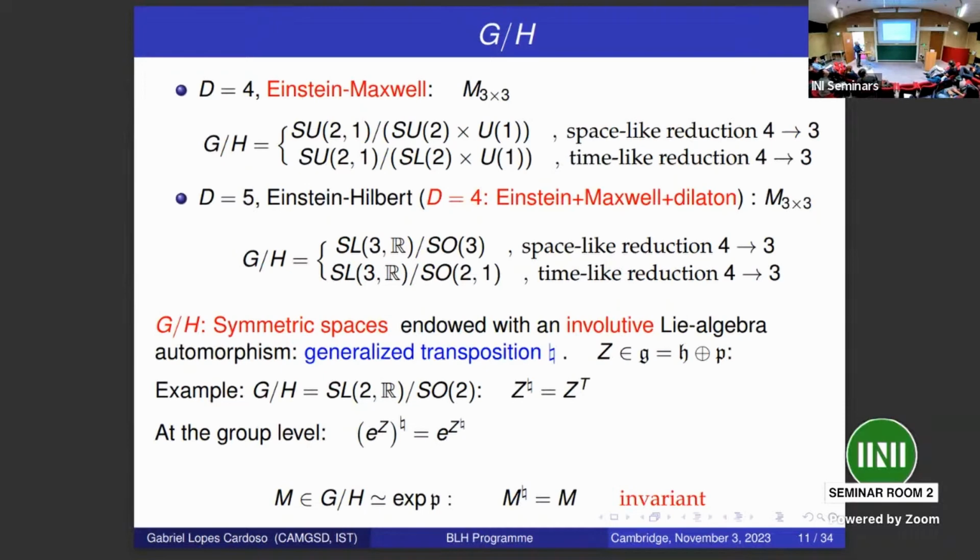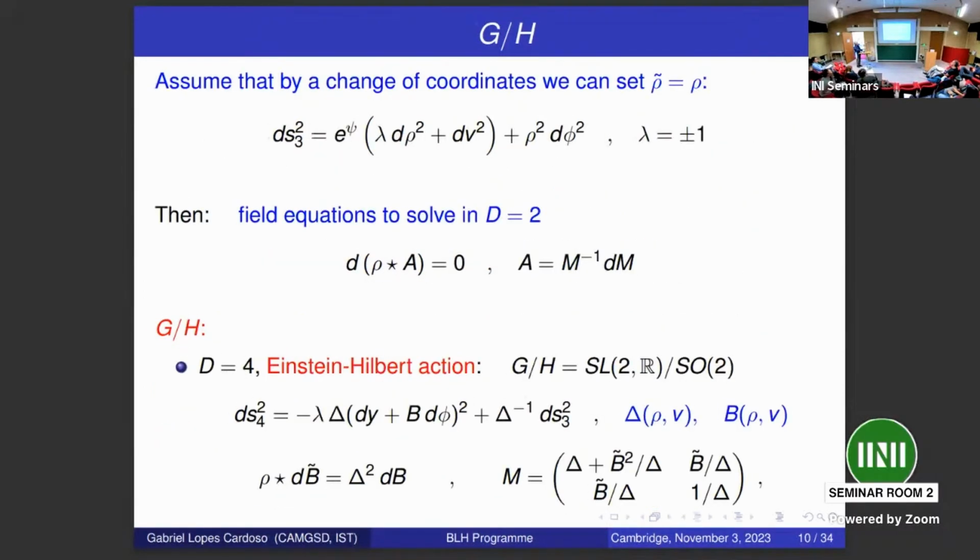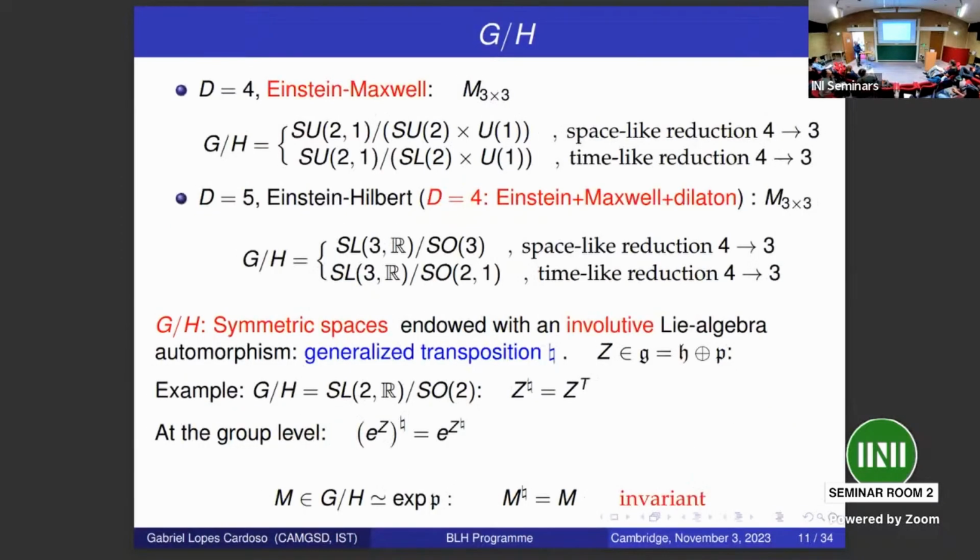So, for instance, the form of this involution will depend on the coset, on the symmetric space you are looking at. In this example here, where you have this coset space, the involution is just transposition. So the involution will act on the Lie algebra generator simply by transposition.